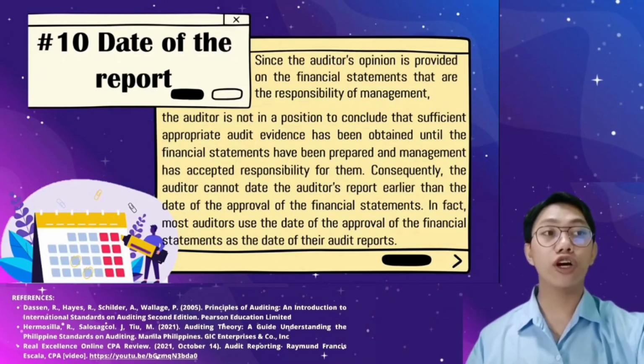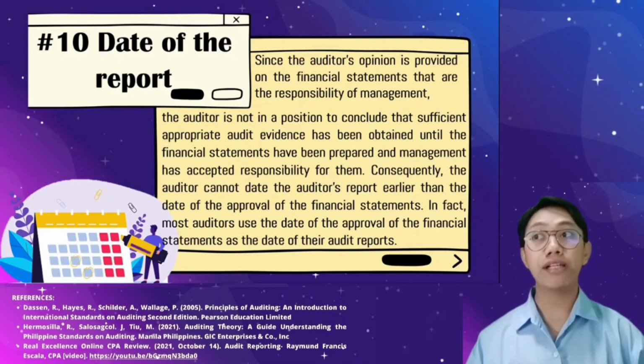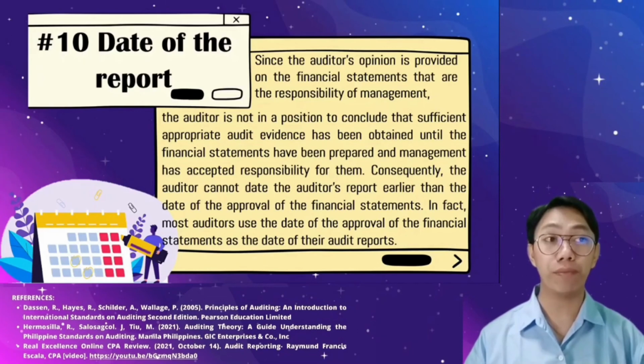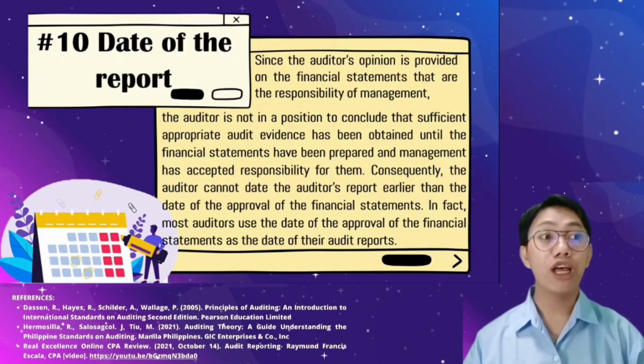And then, since the auditor's opinion is provided on the financial statements that are the responsibility of management, the auditor is not in a position to conclude that sufficient appropriate audit evidence has been obtained until the financial statements have been prepared and management has accepted responsibility for them.